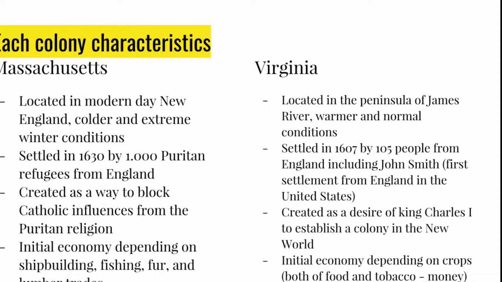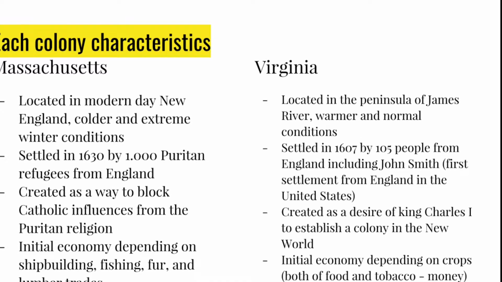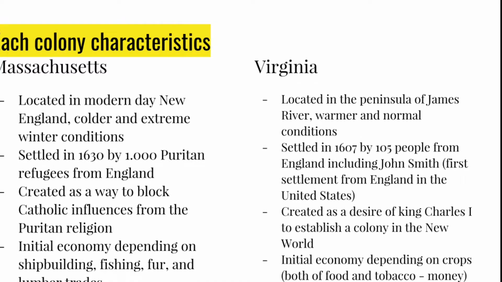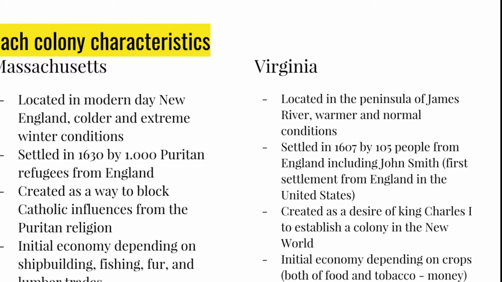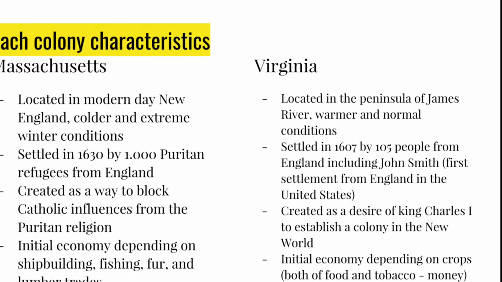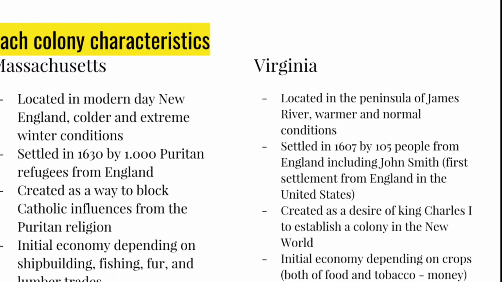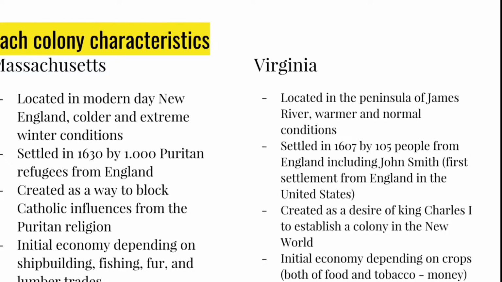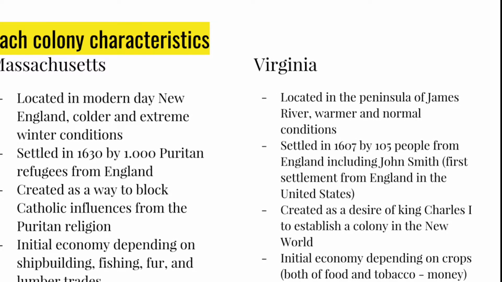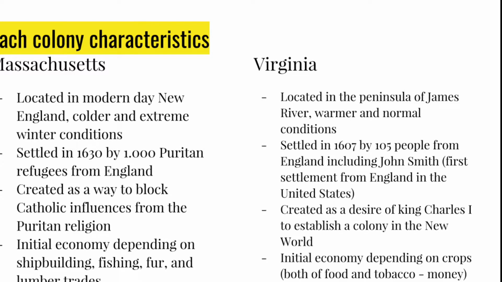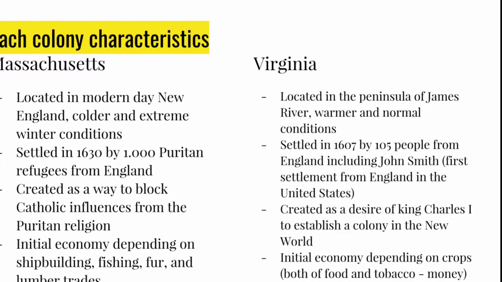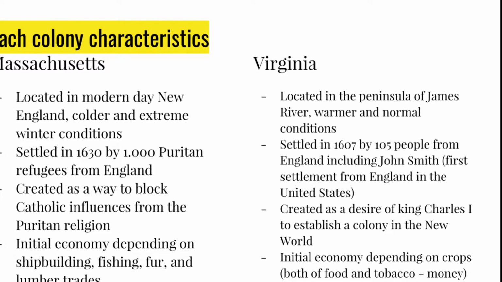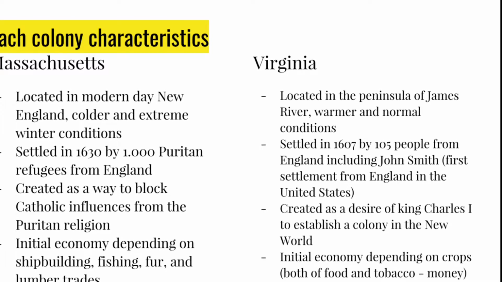Now for the characteristics of each colony, both Massachusetts and Virginia. We have basically 4 bullet points to discuss. For Massachusetts, it was located in modern-day New England, which had much colder and extreme winter conditions. It was settled in 1630 by 1,000 Puritan refugees from England.